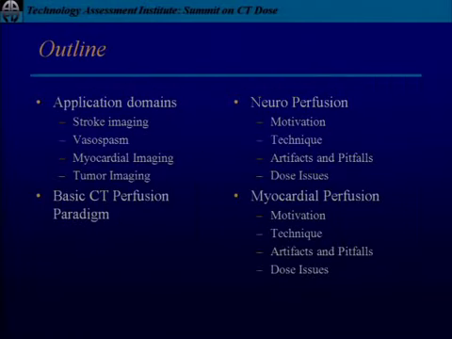So I'll talk about the application domains a little bit. Stroke imaging, vasospasm is another application after subarachnoid hemorrhage. When an aneurysm ruptures, most people don't really die from the fact that they have so much hemorrhage within the brain. You can put ventriculostomy catheters. You can do other interventions to get rid of that hemorrhagic load.